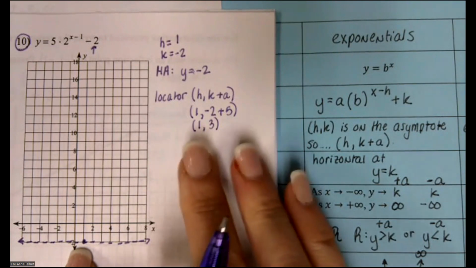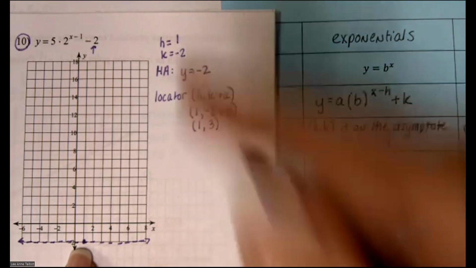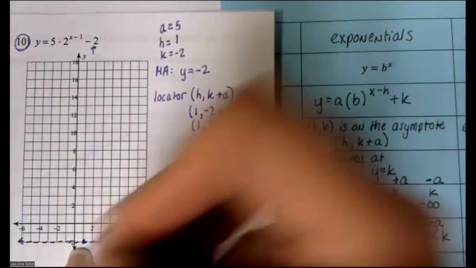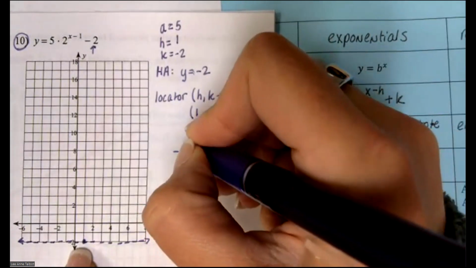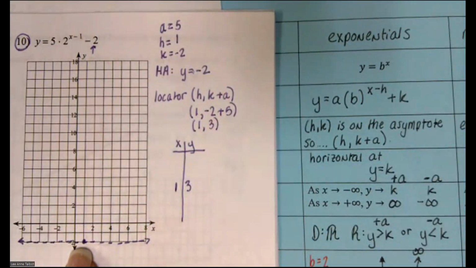Do you guys all see where I got the -2 and the 5 from? You can even put A equals 5 up there if you like. So when I graph this, 1 comma 3 is going to be in the middle of my points.